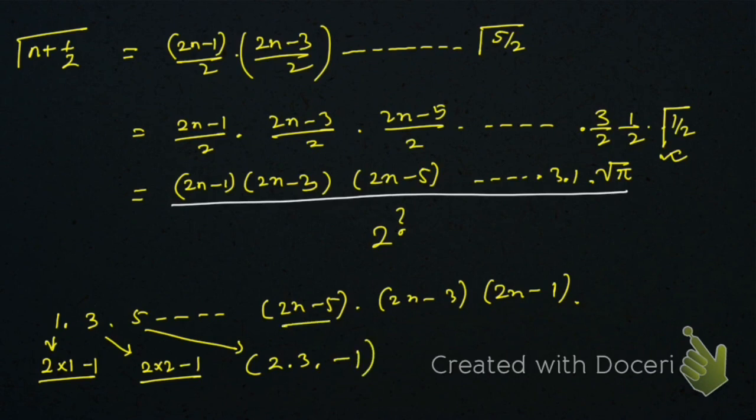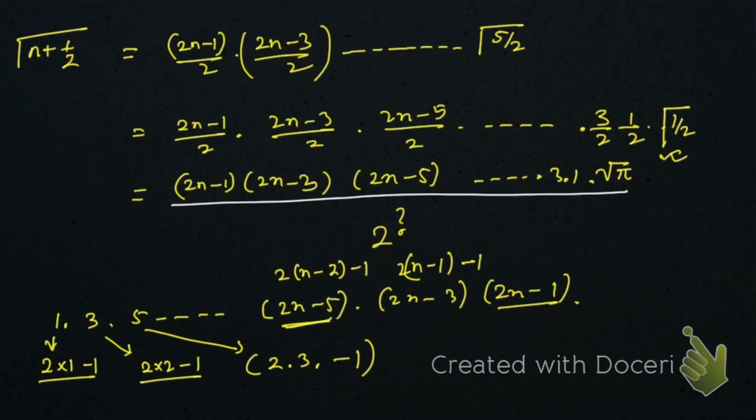So similarly, this can be written as 2n minus 2 minus 1, and this is 2n minus 3 minus 1, right? And here 2n minus 1, sorry, that should be minus 1, okay? So we can write this way.